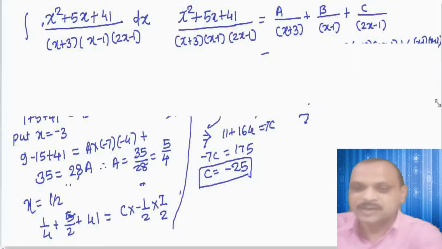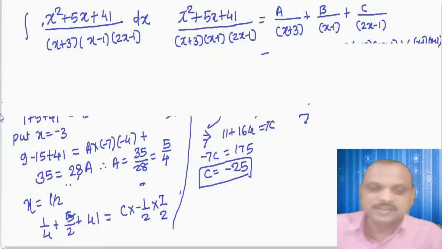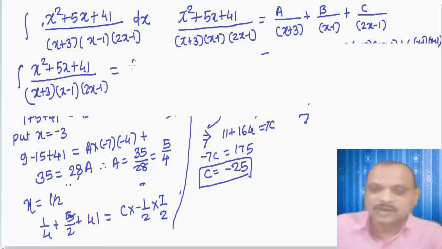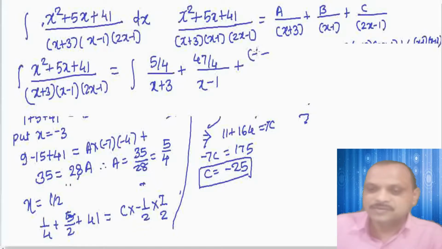We can write this integral as the integration of x square plus 5x plus 41 divided by x plus 3 into x minus 1 into 2x minus 1 equal to the integration of 5 divided by 4 over x plus 3, plus 47 divided by 4 over x minus 1, plus minus 25 divided by 2x minus 1, into dx.